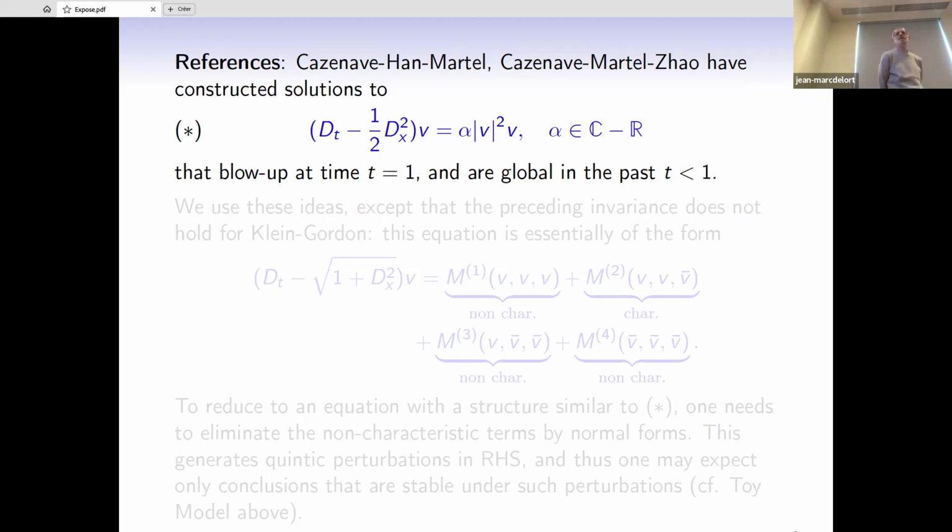And in this case, it is well known that you have global solutions for small data. Now, in their papers, these authors consider the case when alpha is not real. And then, in this case, they constructed solutions that blow up, for instance, at time t equals 1, and that are global in the past.